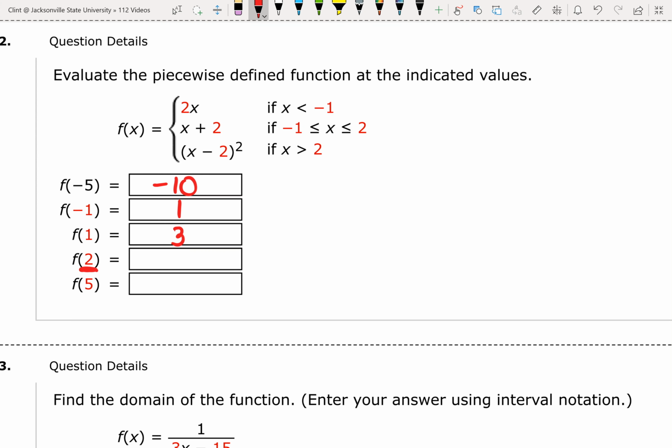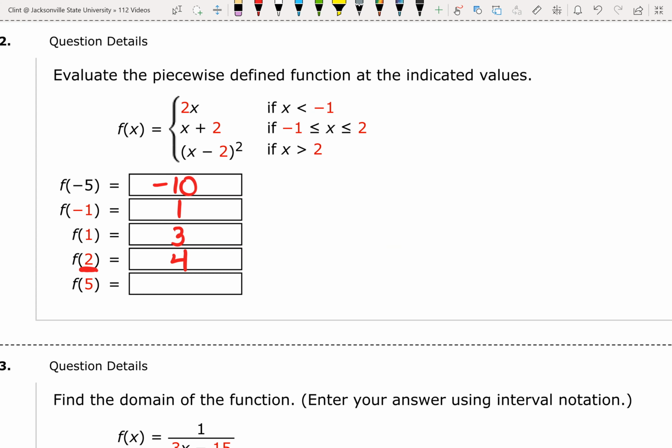This one says 2. Again, 2 falls on this one because we've got the or equal to bar down here. So we're going to use the middle piece. So for f of 2, we get 2 plus 2, which is 4.